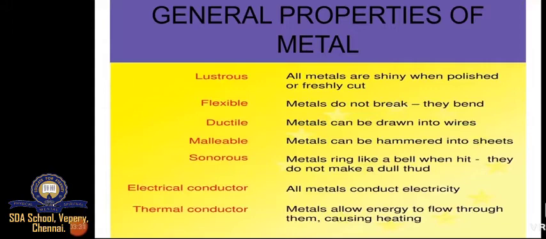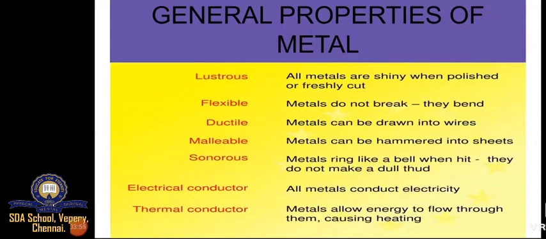So these are the 7 properties by which you can easily identify a metal. First one is lustrous, looking shiny. Second, flexible, we can bend the metal. Third one is ductile. Ductile means we can draw the metal into wires. Fourth one is malleable.